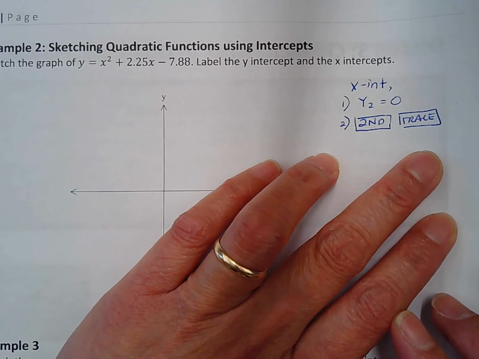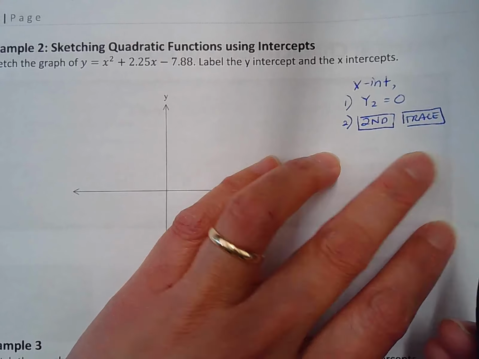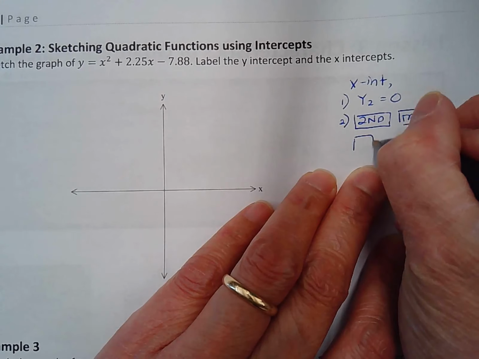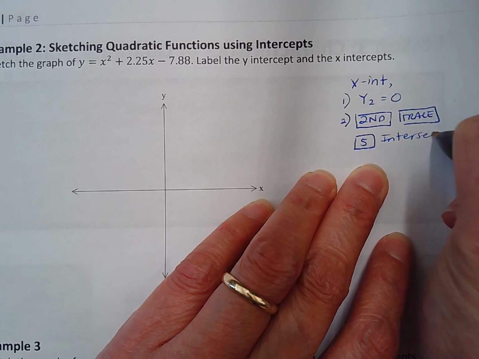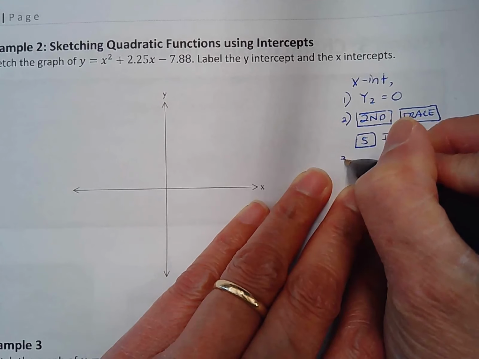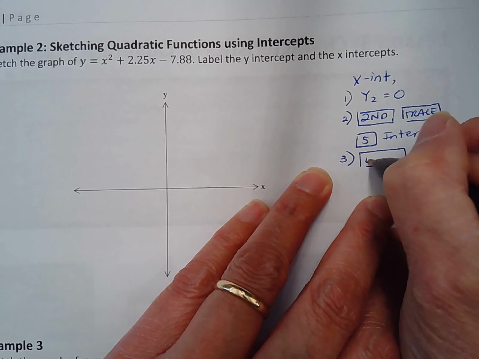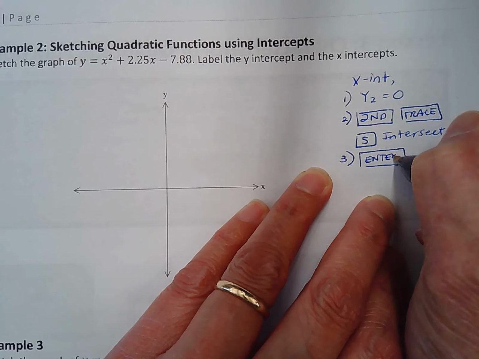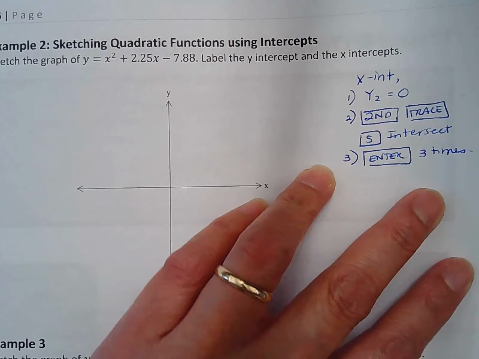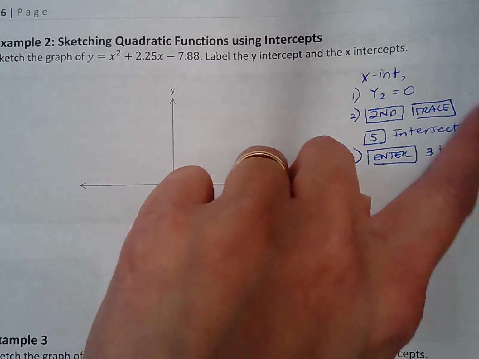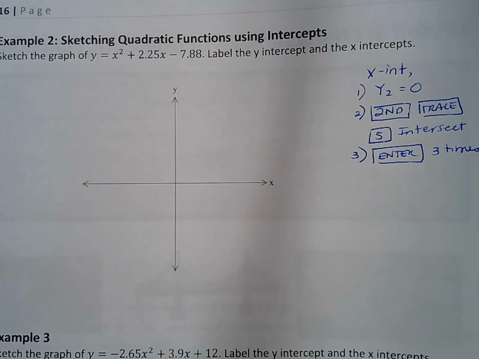Second function trace, and you're going to go to 5 intersect. And then number 3, you're going to press enter 3 times. I know you already have this, but I thought I'd put it in here so we have it handy.